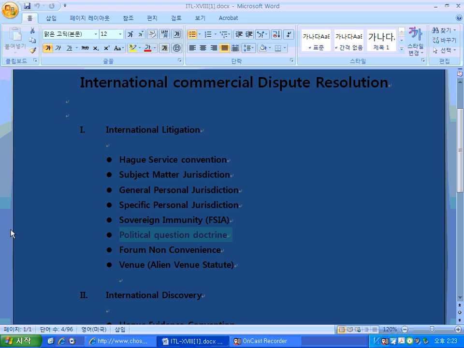So the state is also primary to involve in the economy. They are the principal supporter to boost the national economy.